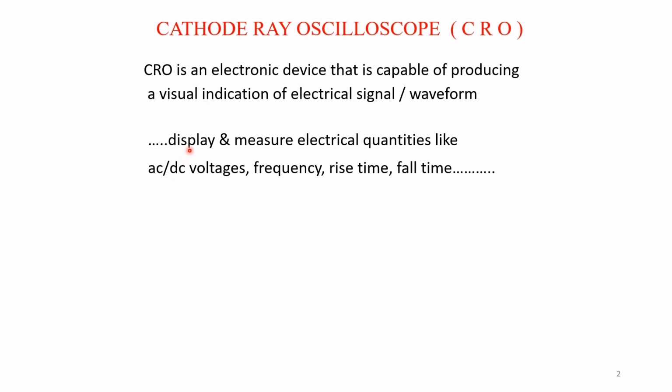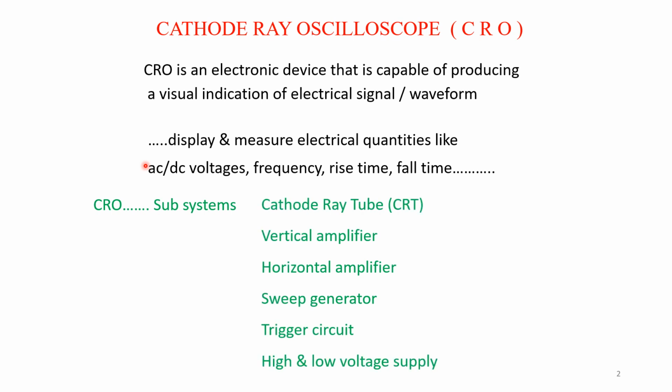Here it is an instrument which is used to display and measure electrical quantities like the AC or DC voltage, frequency, rise time, fall time, etc. Broadly, we can say a CRO consists of a number of subsystems like cathode ray tube, vertical amplifier, horizontal amplifier, sweep generator, trigger circuit, high and low voltage supply.